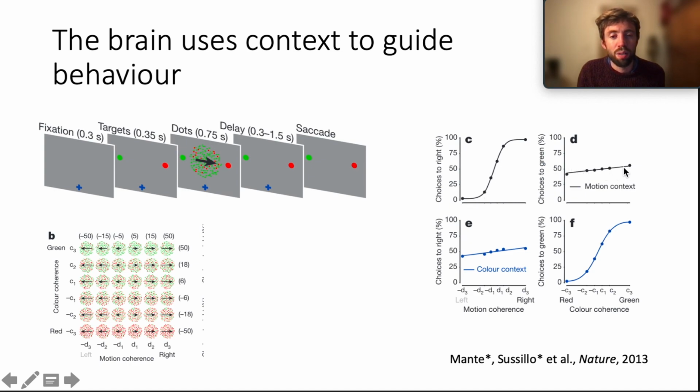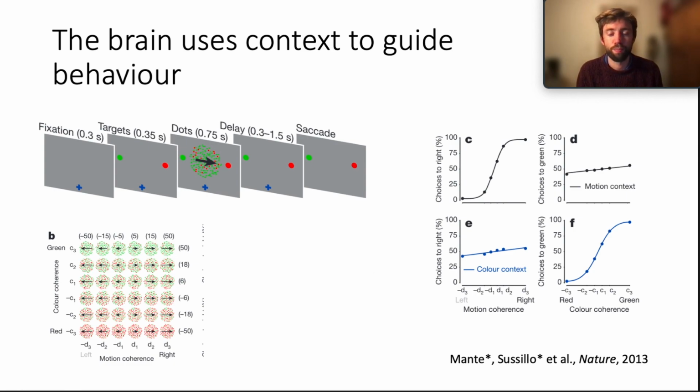However, when the color coherence changes, this only causes a very slight bias in their behavior. Likewise, in the color context, when they're meant to ignore motion and focus on the color, they tend to do this very well.